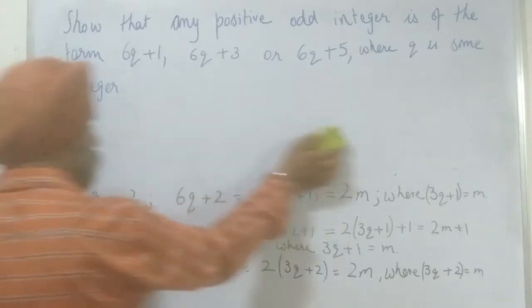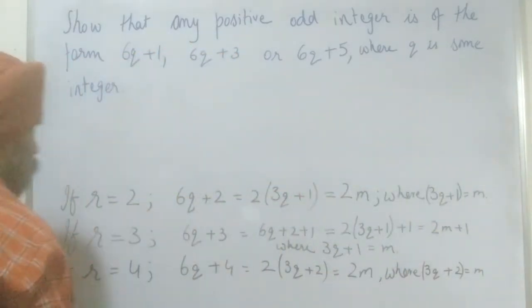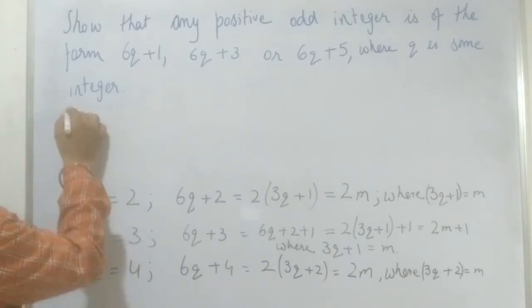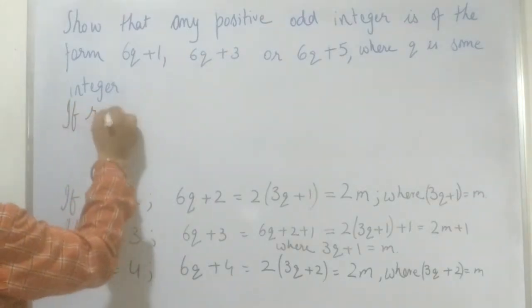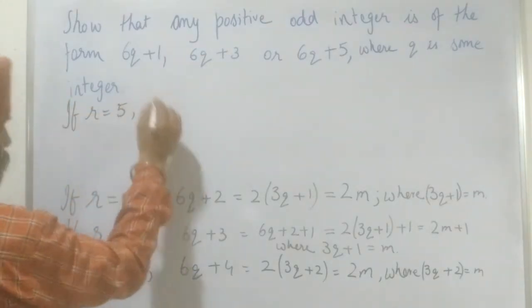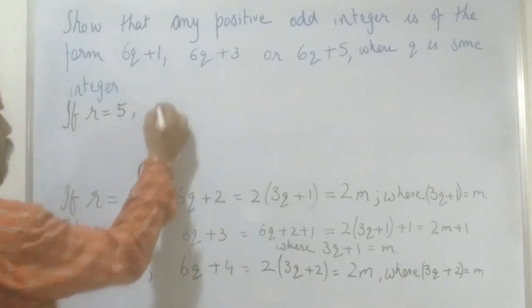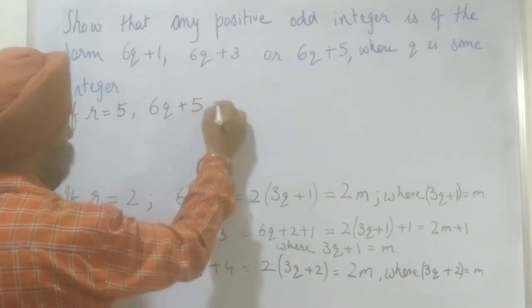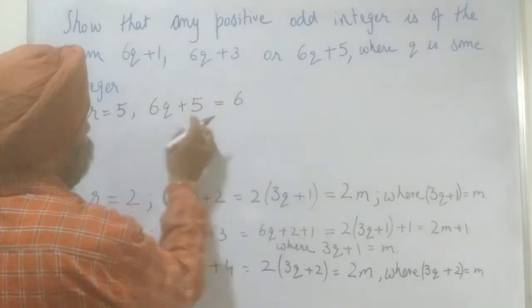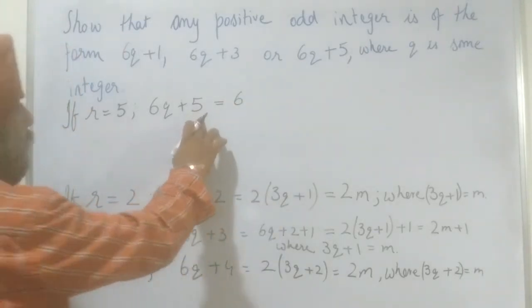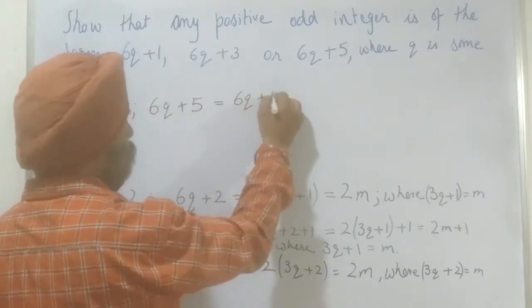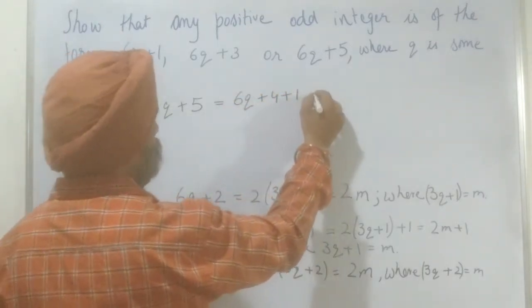Now let's take the next condition. What is it? Now we have taken the remainder till 4, right? Now if remainder is equal to 5, then what? Then the condition will be here like this. Now we need to again split it like 4 plus 1, right?